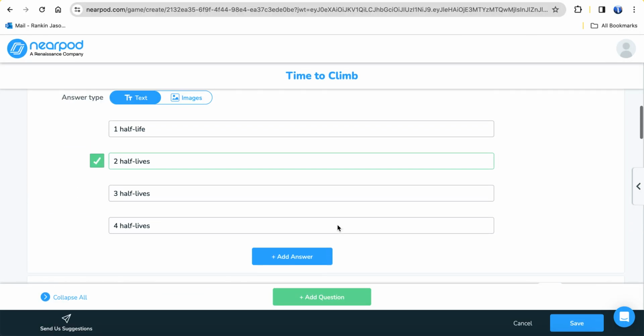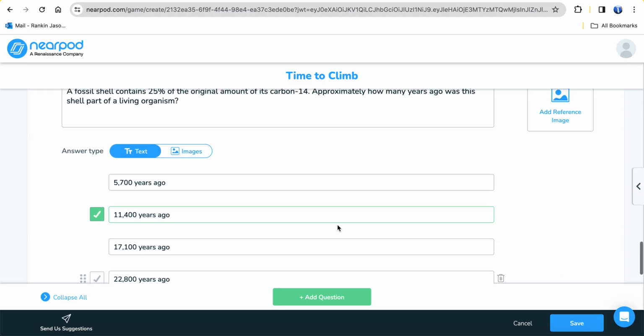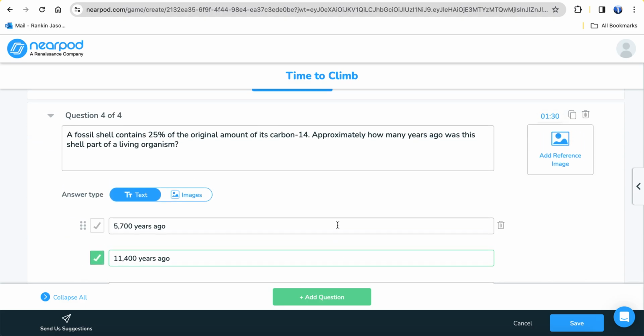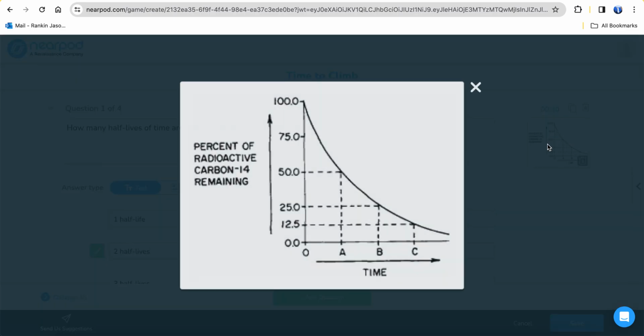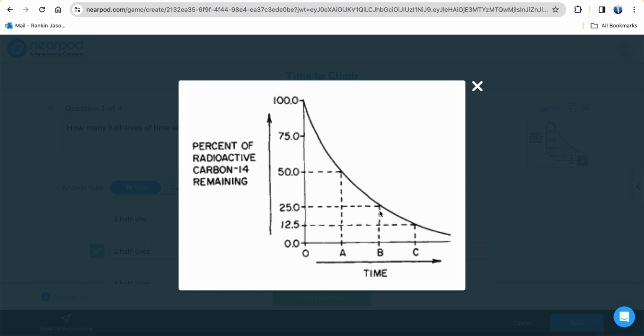Oh, I'm sorry, that was the last question. I'm going out of order here. Question 1: How many half-lives of time are represented by point B along the time axis? Point B is here, and that's 25%.